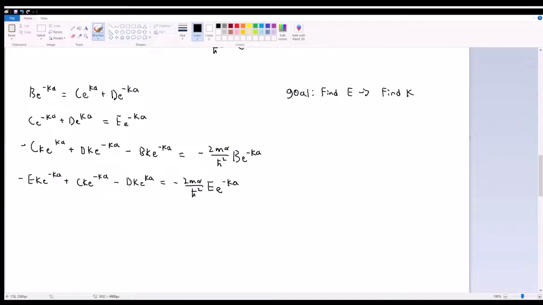I'm going to start by getting rid of all of the b terms by solving this first equation in terms of b. So let's do that. Step 1: solve equation 1 for b and plug into everything else.